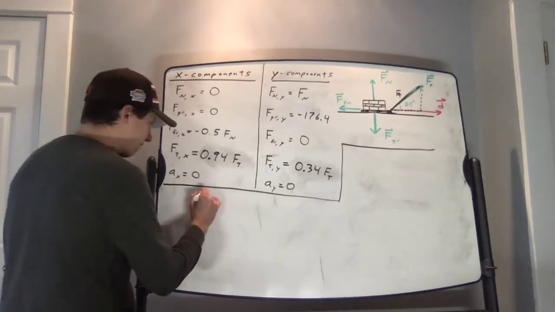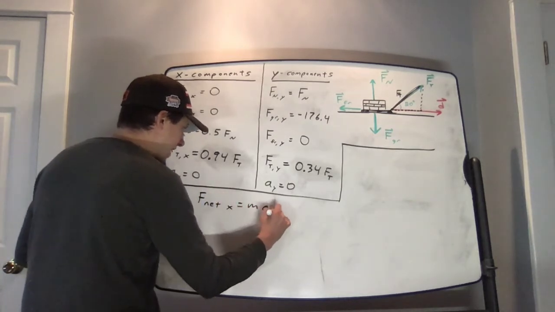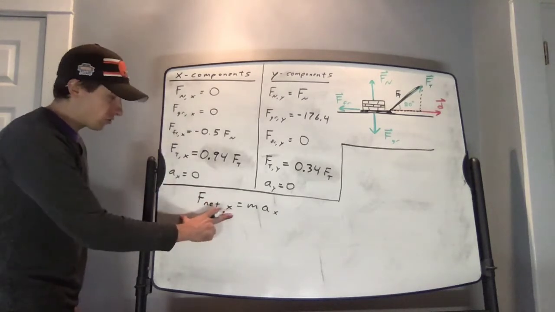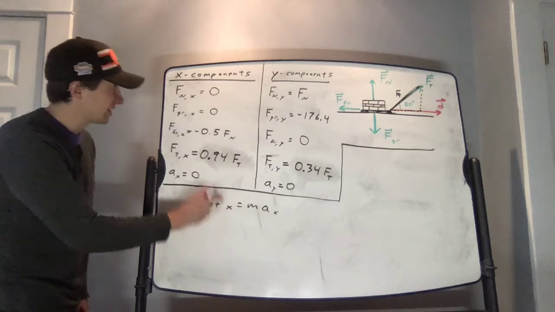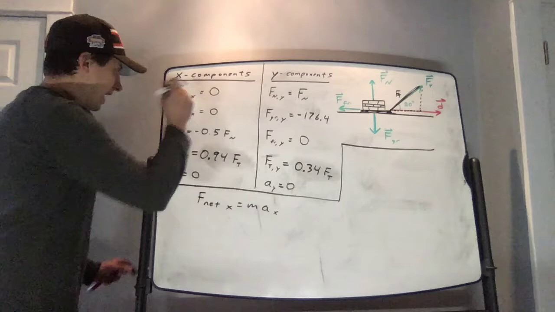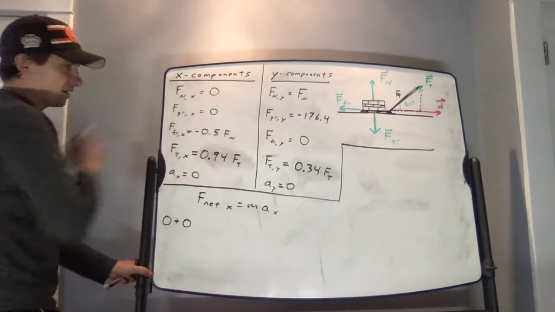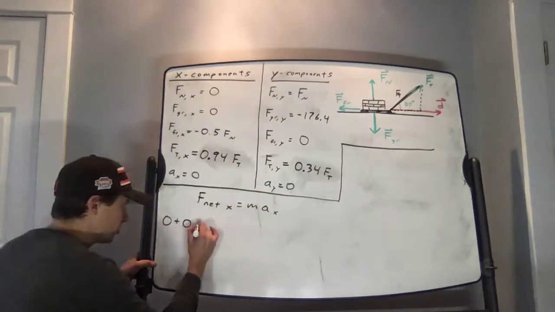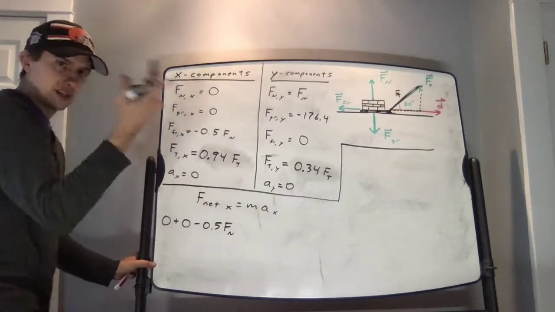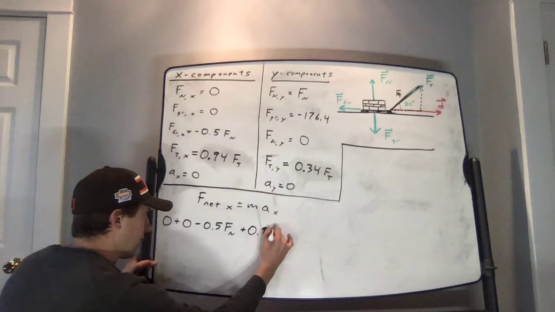So if I set up F net x equals max, on the left-hand side of Newton's second law, I have the horizontal component of all the forces. Those are these 4 terms here that I have to add together. So I get 0 plus 0 plus negative 0.5 Fn, so minus 0.5 Fn, plus 0.94 Ft.